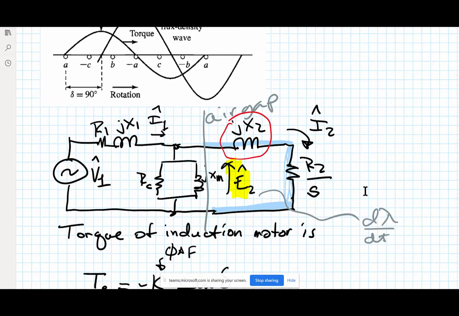So I've got a unity power factor looking this way. If I look this way, it's just like E is jXM times whatever your current is going down that branch there.